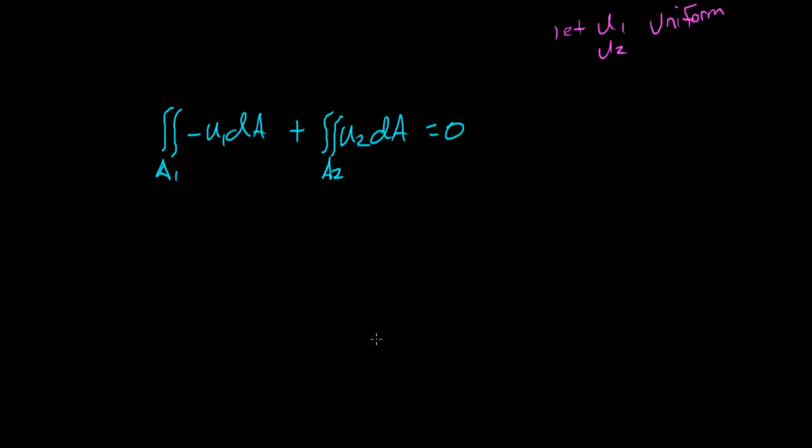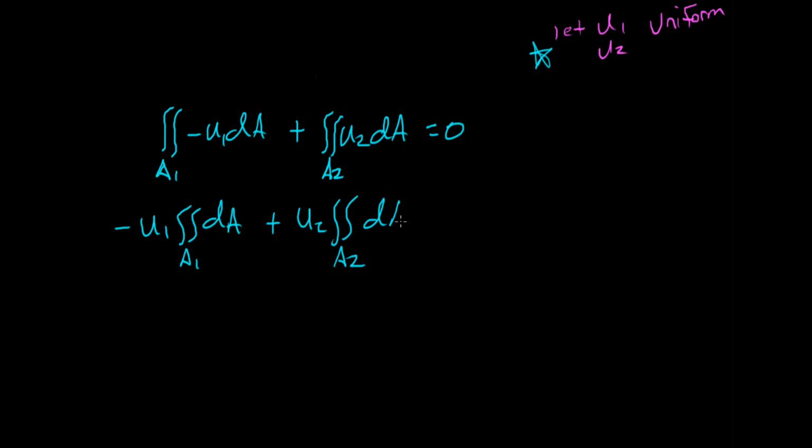That's just subbing those in from the last step. And now the last thing that we have is that they're uniform, which means we can pull the u's out, and so we get minus U1 integral over A1 dA plus U2 integral over A2 dA.